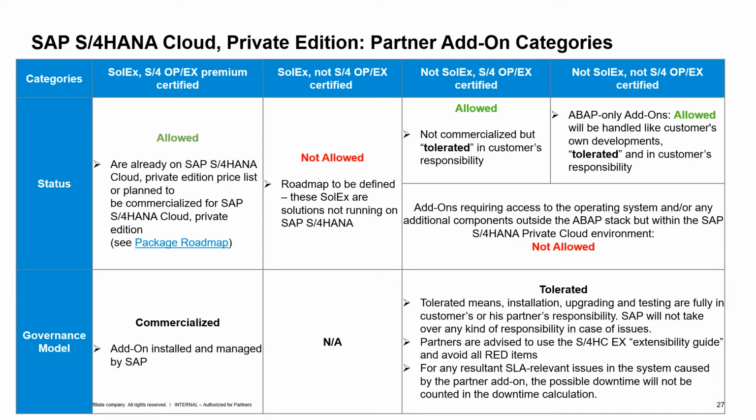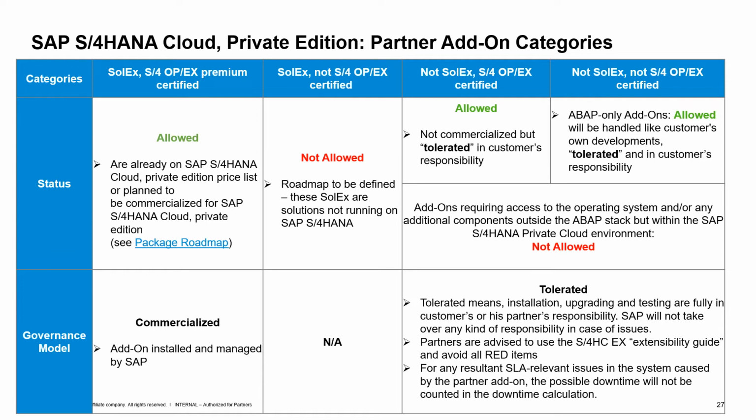That means we'll allow it, but it's completely the customer's responsibility if something messes up, because we won't touch it. Okay? Next, we see below add-ons requiring access to the operating system and/or any additional components outside the ABAP stack, but within the SAP S/4HANA Private Cloud environment. These are not allowed. Okay?